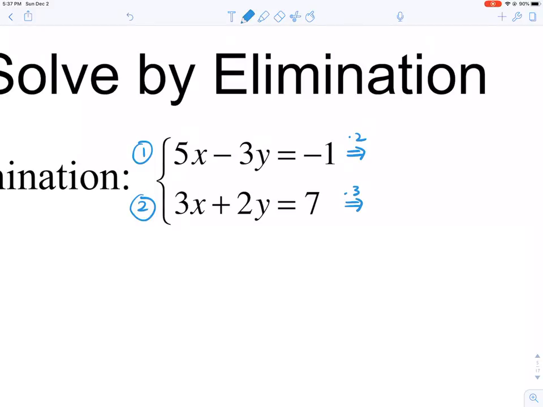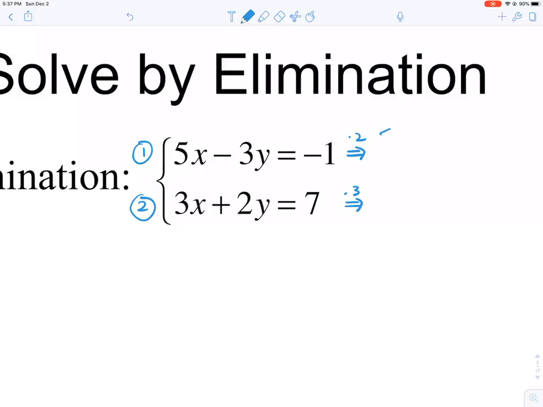I just like whenever there's one coefficient that's positive and the other that's negative, then I know I don't need to multiply one of the equations by a negative number. I can just multiply them by positive values.